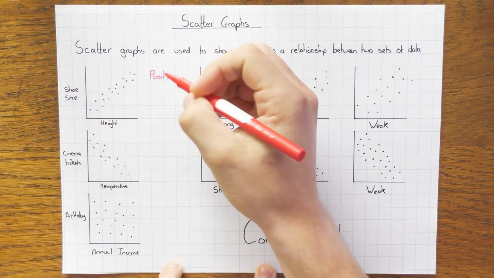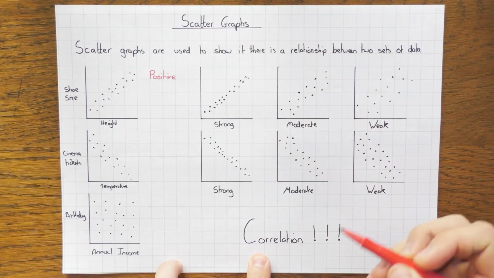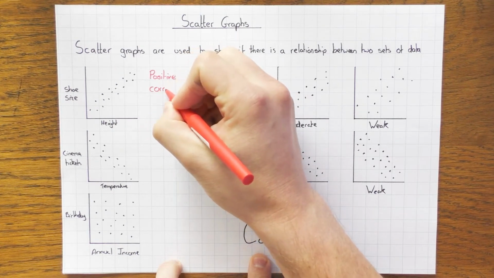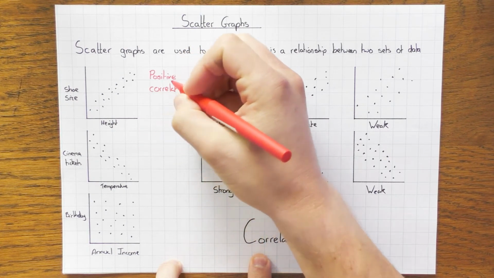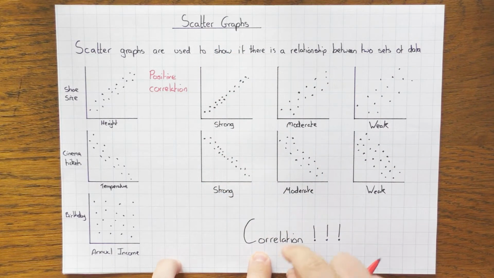One increases, so does the other. So it's positive correlation. I've deliberately made this word nice and big here, correlation, because that is the word to take away when you think about scatter graphs, correlation. Okay, you must remember that word there.